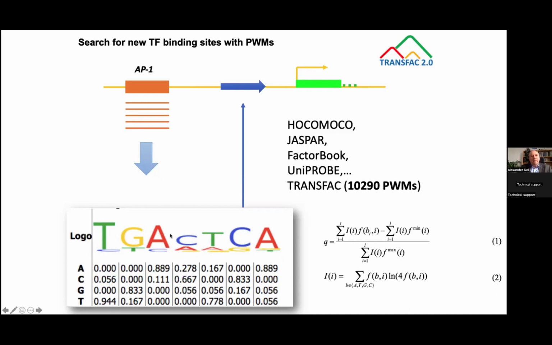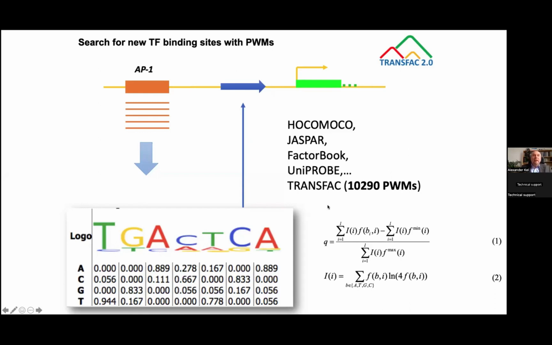And if the position is kind of redundant, so several nucleotides can stay here, then those letters are small. So they not only present the motif which this factor recognizes in DNA, but also present the conservation of particular positions in that motif.